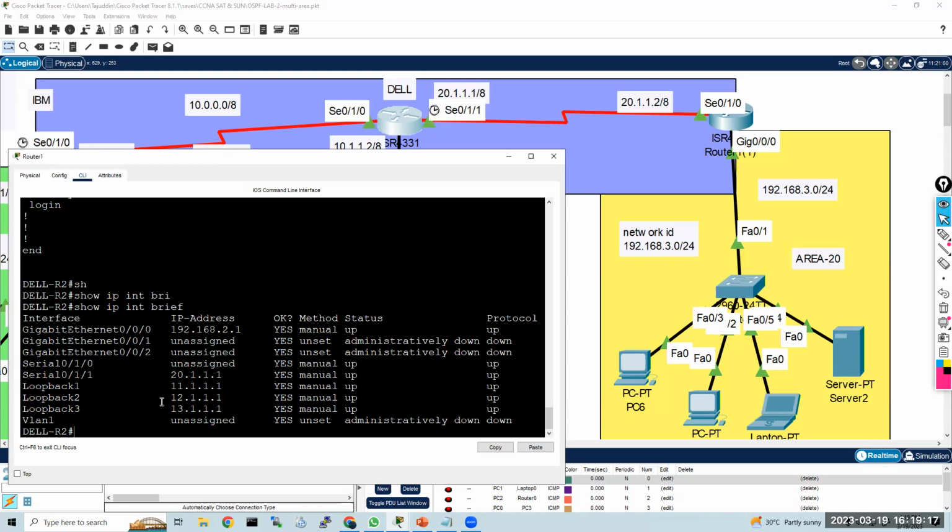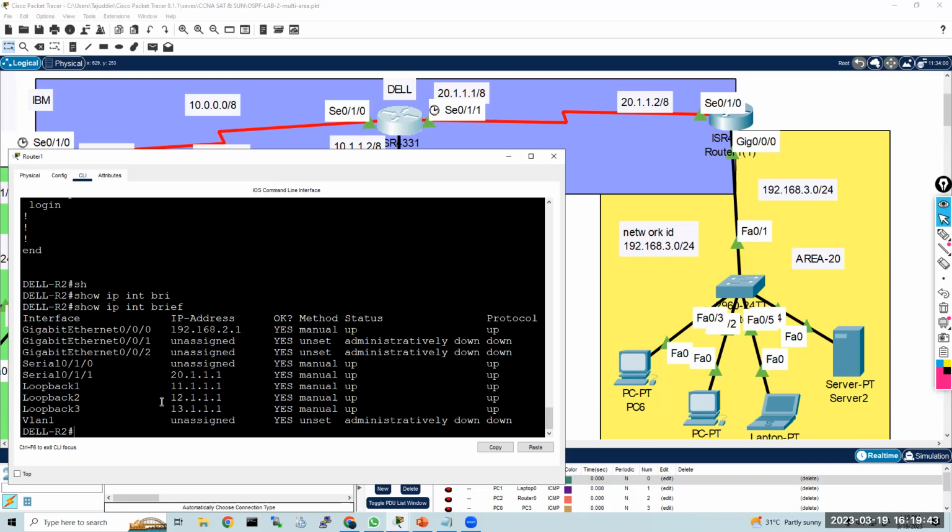Guys, can you find the mistake here? We didn't configure the IP address on serial 0/1/0.